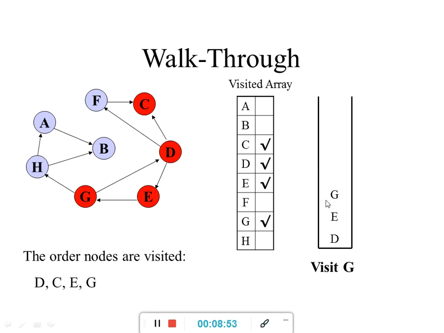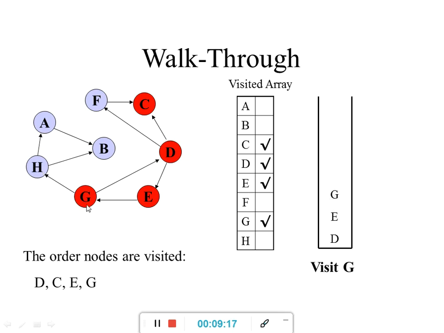Now again the topmost element here is G, so we have to find out the adjacent nodes of G. The adjacent nodes of G are D, but D is already visited, so we should not consider D. Then the adjacent node is H.